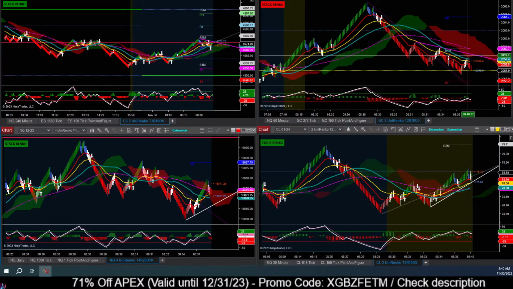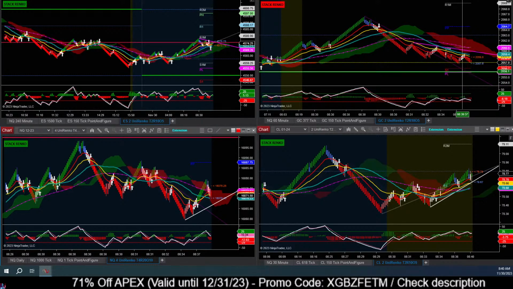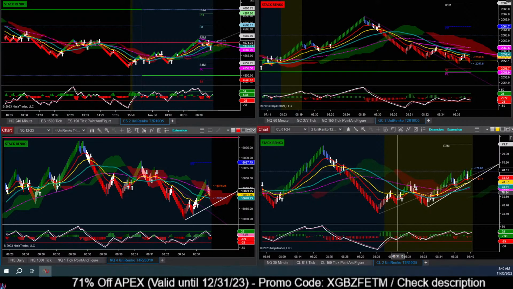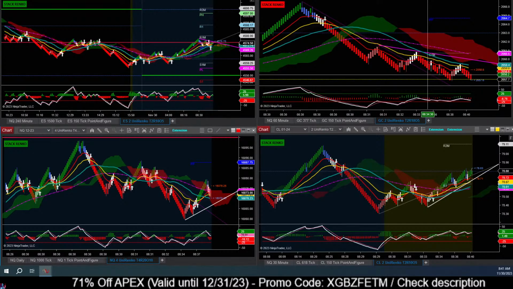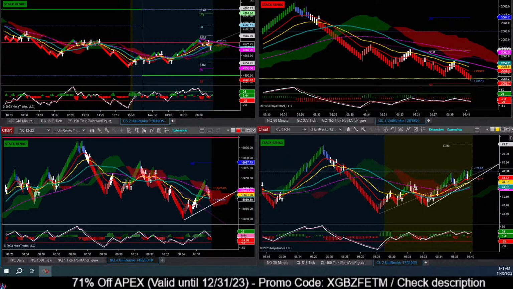Another wick off of the 34 now. And first target out.